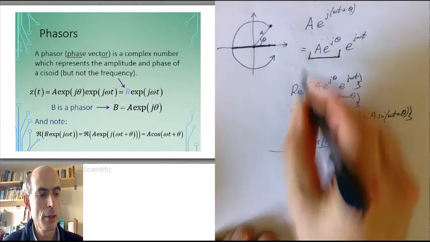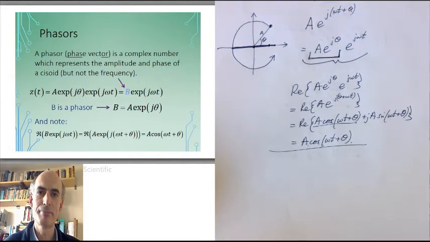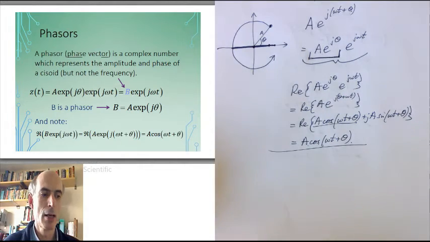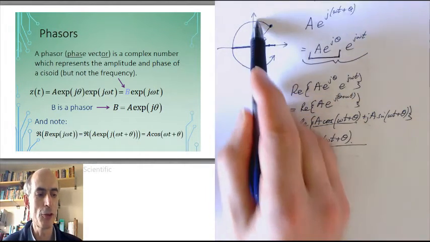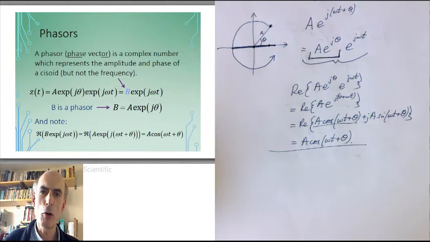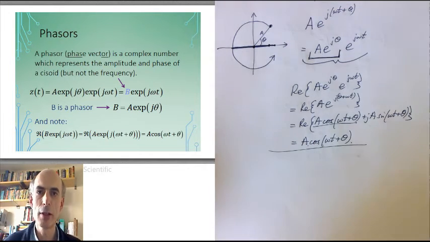But of course, this whole cisoid is not a real oscillation. It's a complex oscillation. And we need the imaginary part of this oscillation as well in order to use the complex impedance theory that we've derived earlier. So we're not quite at a very simple method for using these complex impedances yet.